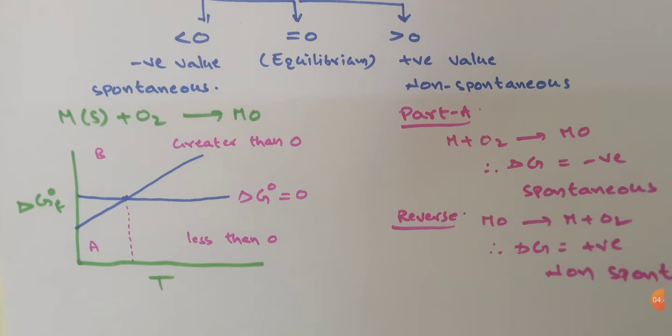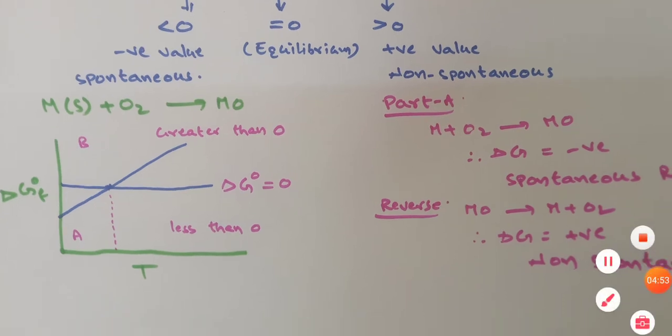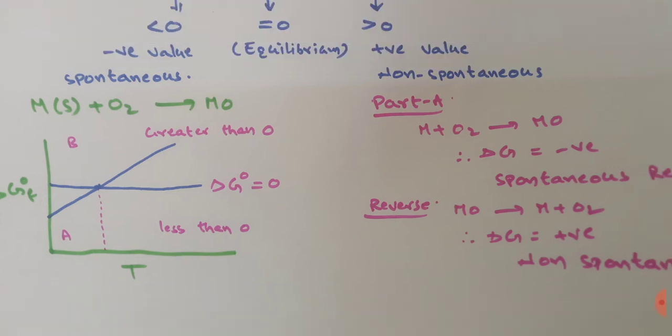In this area, when the metal, say capital M, reacts with oxygen, O2, to produce the metal oxide, MO, the part A region has a value less than 0. So the value of part A is completely negative, and finally the reaction is a spontaneous chemical reaction.